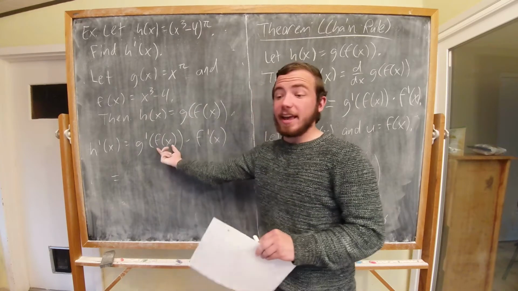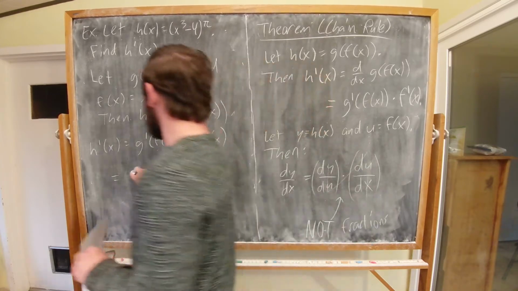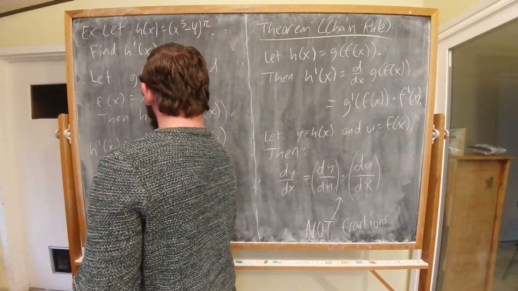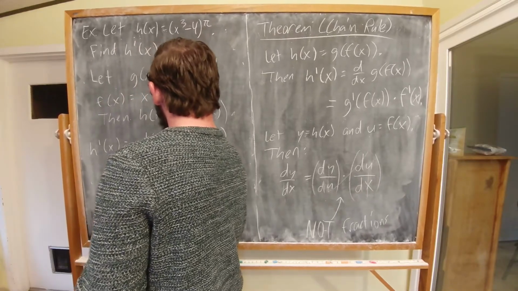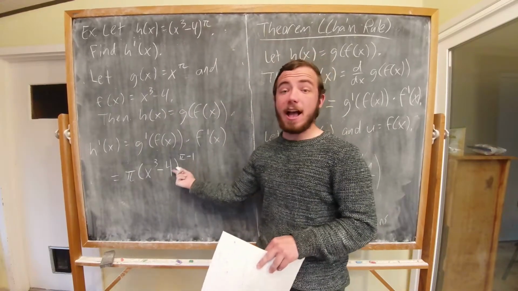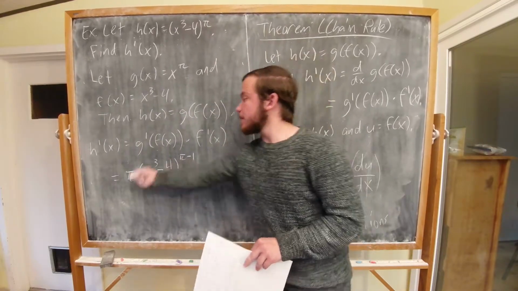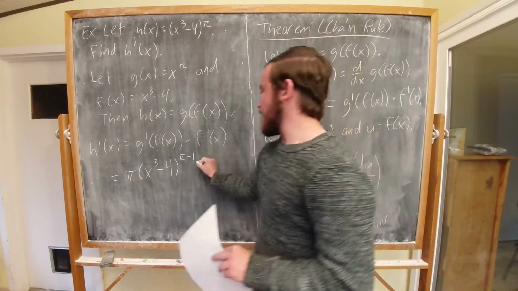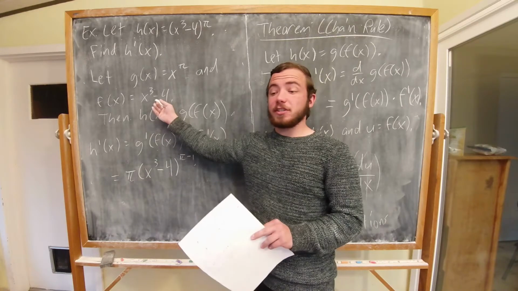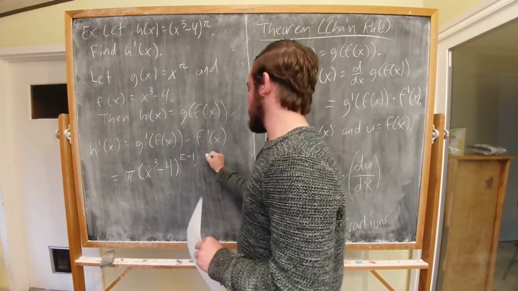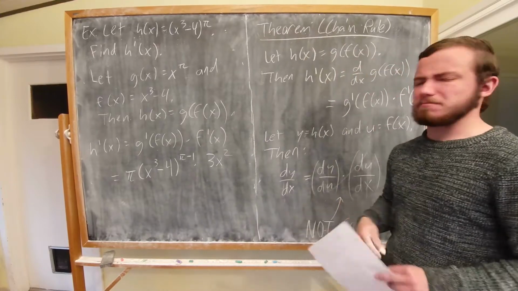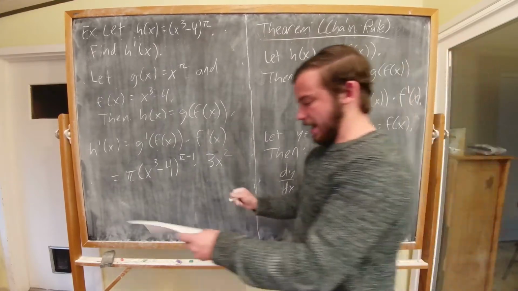But we're plugging in f of x. So we're going to get pi times x cubed minus 4 to the pi minus 1. Right? Treating it almost as if it were just an x by itself, pulling it down in front. And now we multiply by f prime of x. F of x is just x cubed minus 4, so f prime of x is 3x squared. Nice and simple.